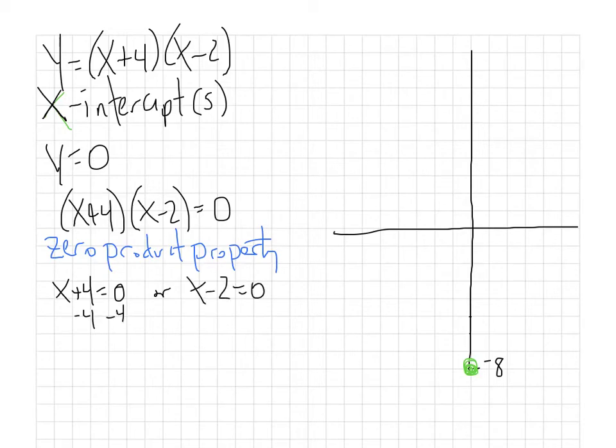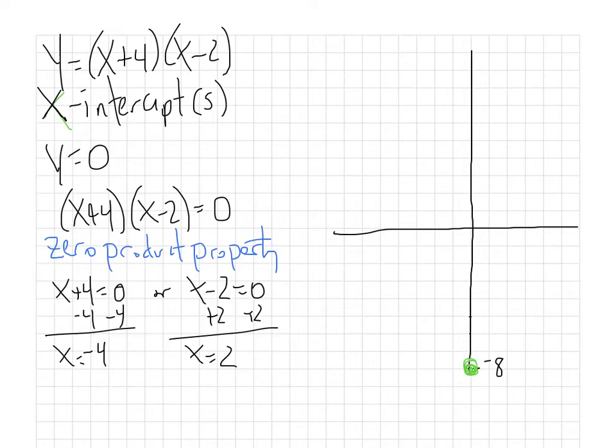Okay, solving. x equals negative 4, and adding 2, x equals 2. Okay, those are my x-intercepts. Again, those are where y equals 0. About the only way I'm going to find those at this point is to use the factored form of the equation, because I can't solve the quadratic any other way at this point.